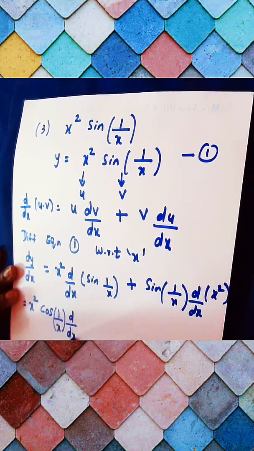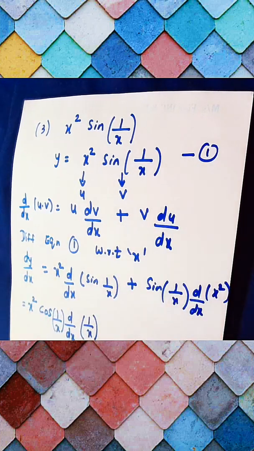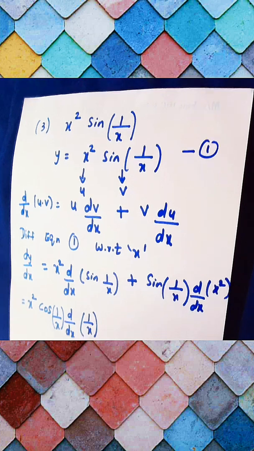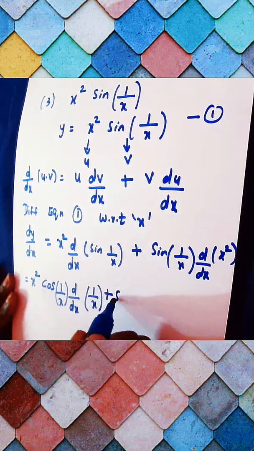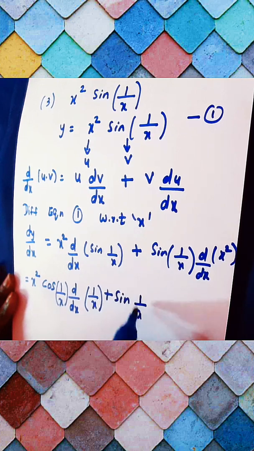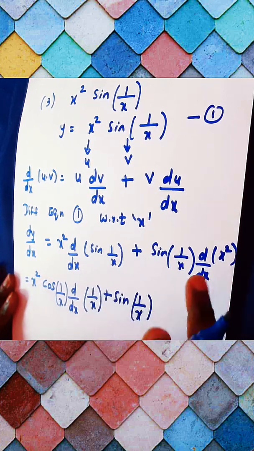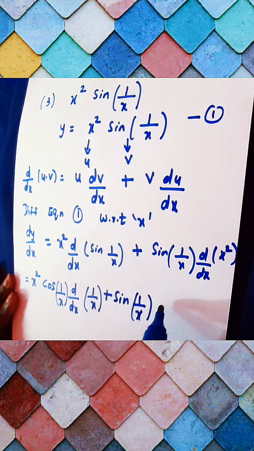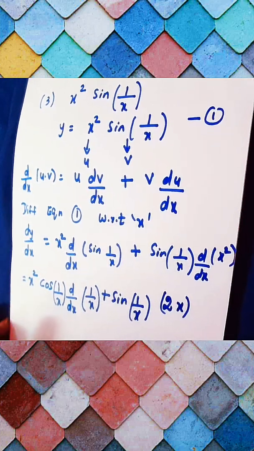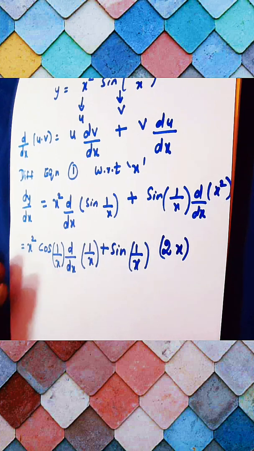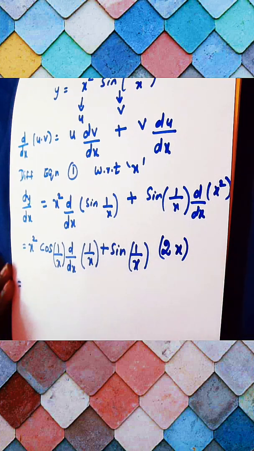Again, you have to differentiate the angle 1 by x. Plus sine 1 by x, keep it as it is. We have to differentiate x square. What is the differentiation of x square? 2x. Right?